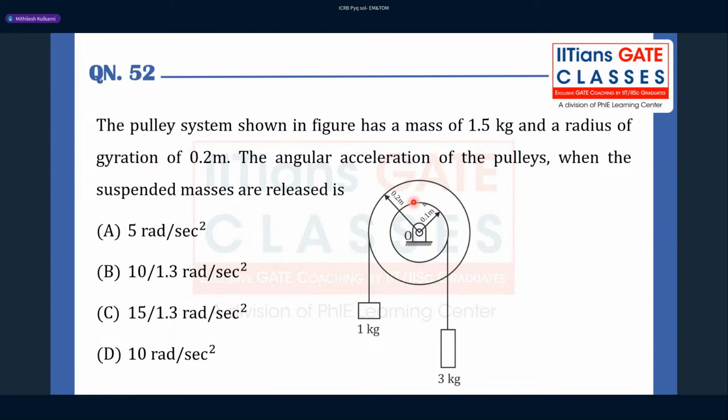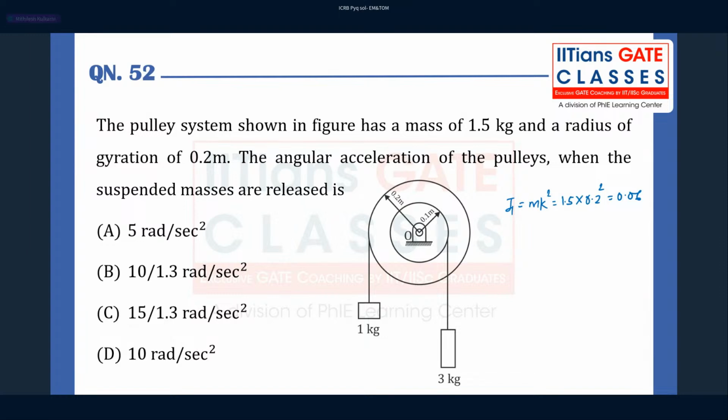So first of all, we can calculate the moment of inertia for this pulley using this data: 1.5 kg is the mass, and the radius of gyration is 0.2. So I1 will be equal to m k square, that is 1.5 into 0.2 square, which is equal to 0.06.